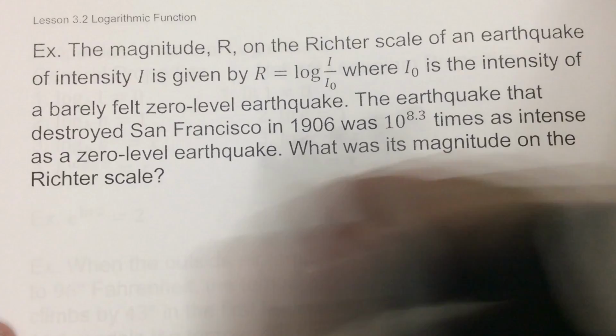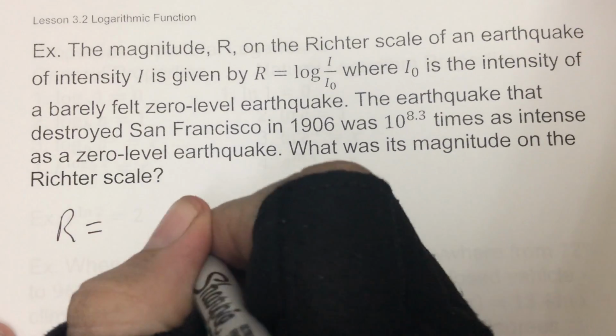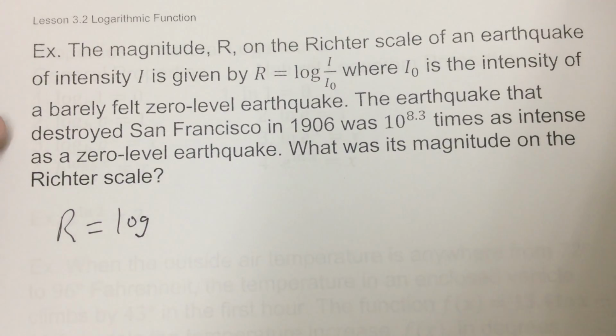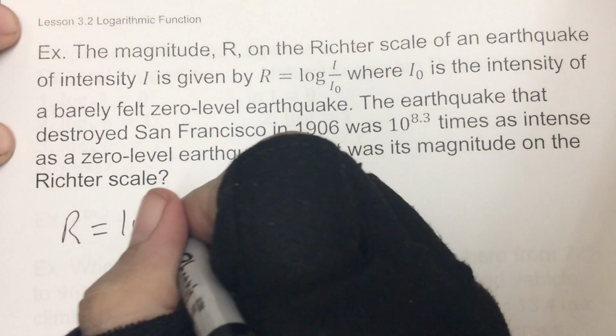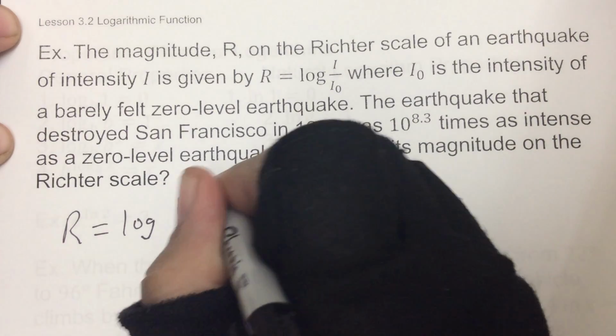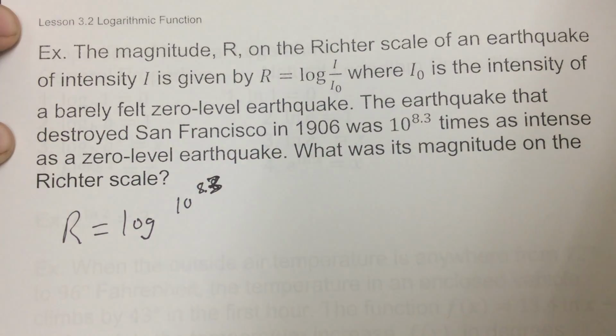So if we set this up, R equals log. Now our intensity, it said, was 10 to the 8.3 times as intense as a barely felt zero level earthquake.